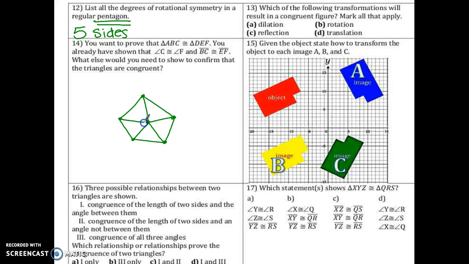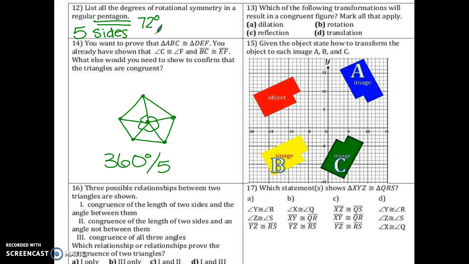So if you look at this, we've got 1, 2, 3, 4, 5 angles. All the way around is 360, so I'm going to take 360 divided by 5. So the first turn I could make and get the same exact shape for rotational symmetry is 72 degrees.